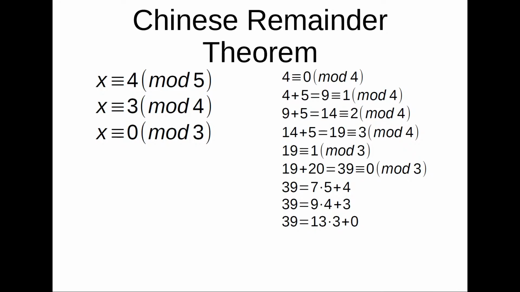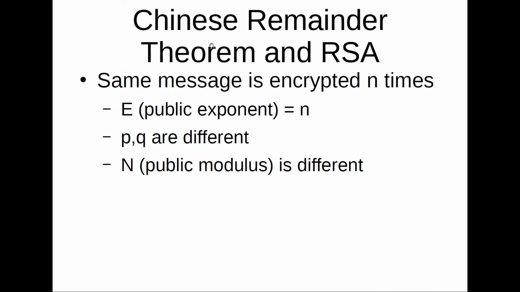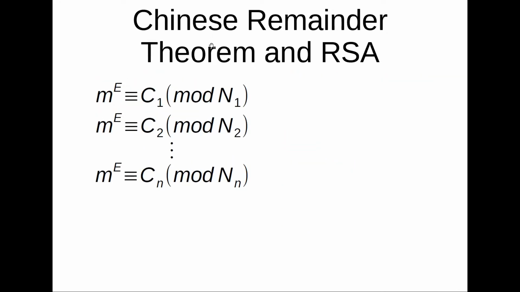When you're solving for X, you're solving for the plaintext message, but if you look here, it's actually the message raised to the eth power, but you already have the exponent because that's part of the public key. So that's not an issue. In this case, you're just solving for an m raised to the e that's the first ciphertext, but it's also the second ciphertext and all the way to the last ciphertext.